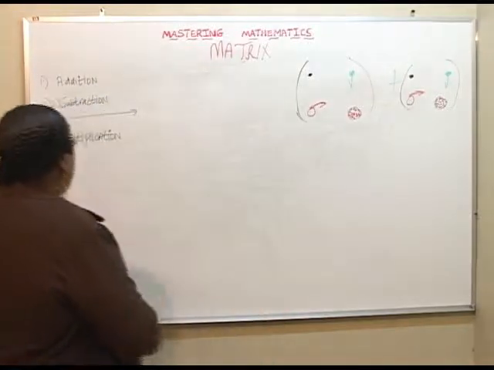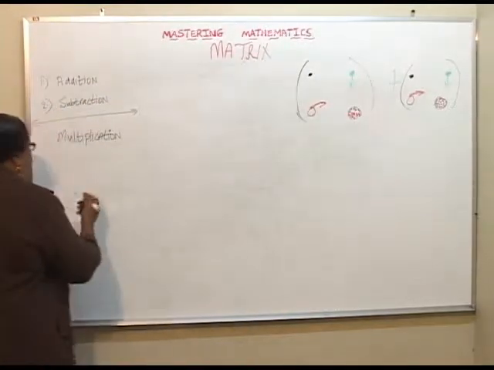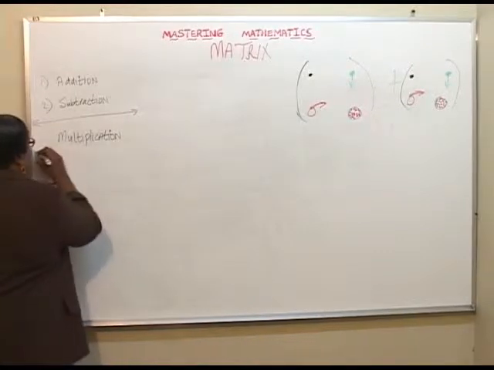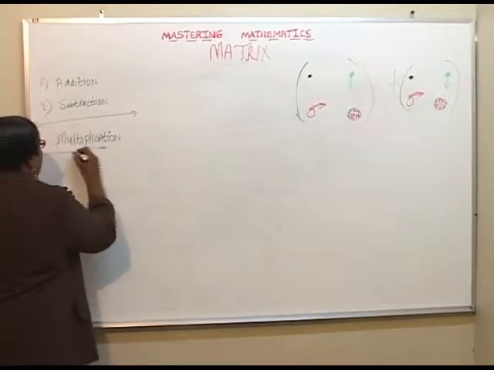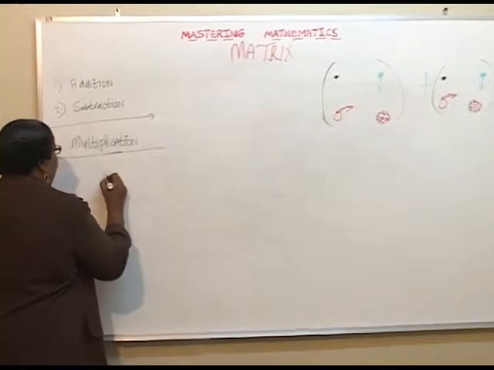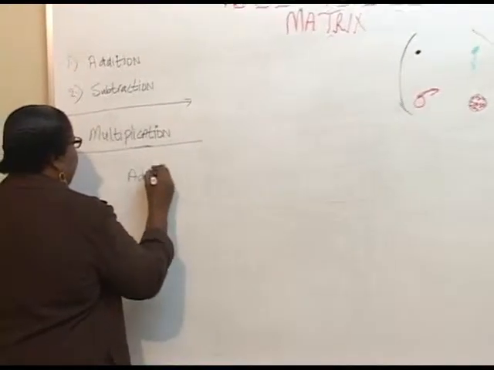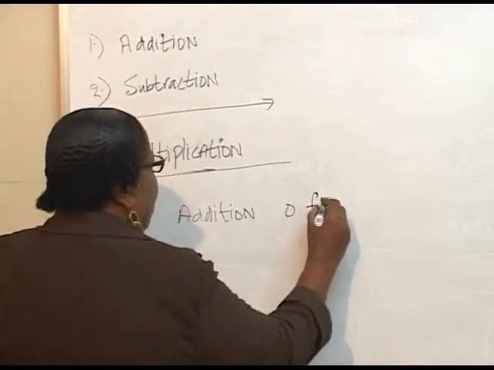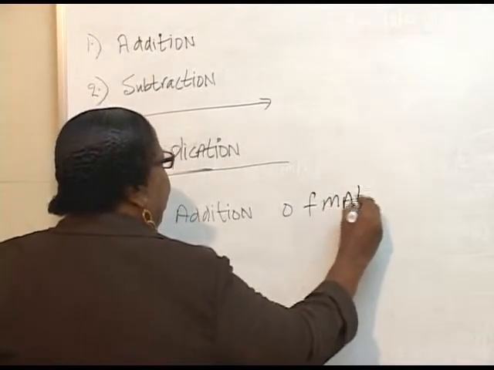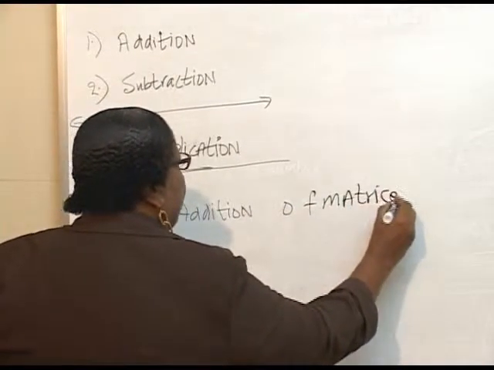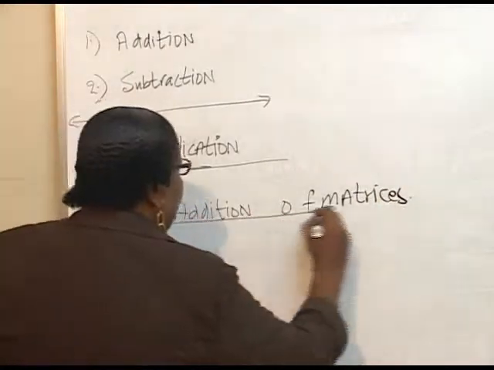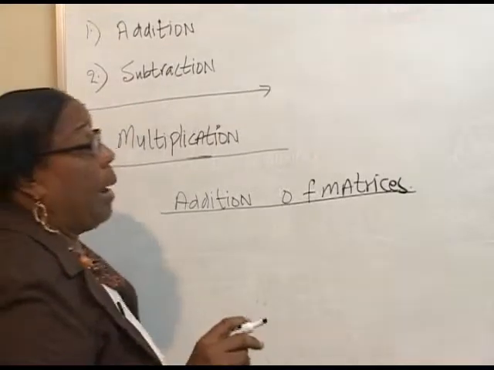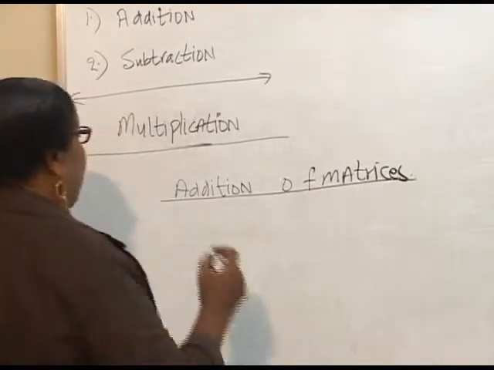So we're going to look at the rule for addition. So we're looking at the addition of matrices, okay? Addition. And we're dealing with our 2 by 2 matrices or square matrix.